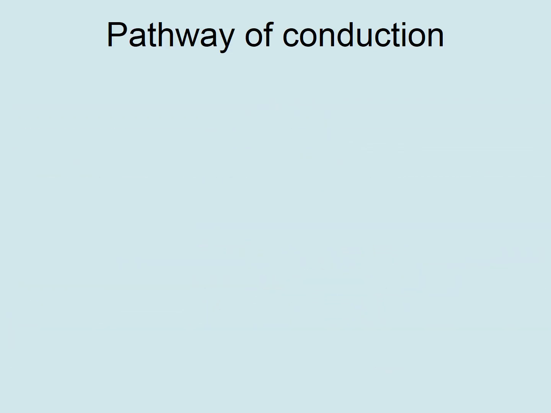So let's take a look at this pathway of conduction through the heart. The pathway of conduction will start in the sinoatrial node, the SA node, and then will be conducted through the atria via what's usually referred to as the atrial pathway and the intranodal pathway.